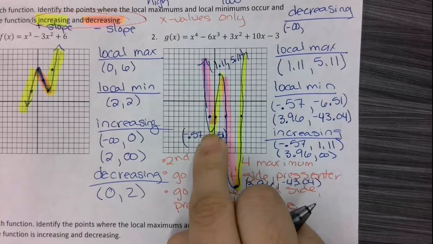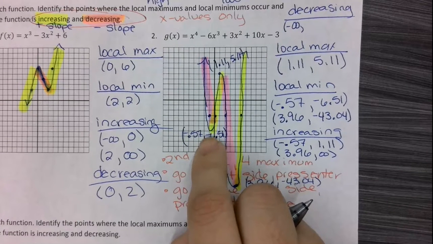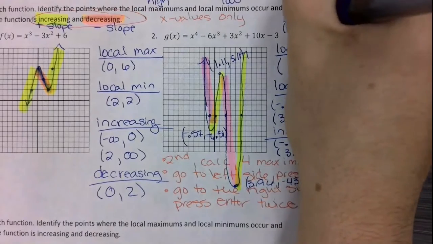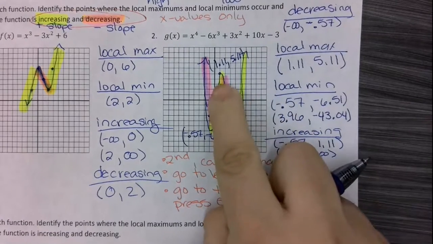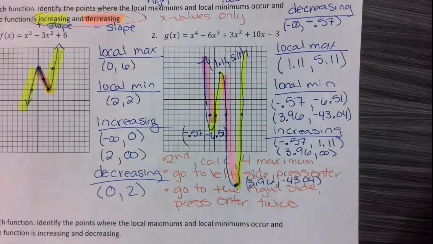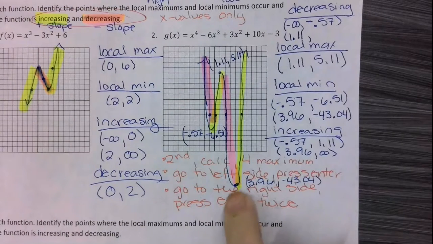But what's the point it's labeled? Negative 0.57. Okay? And then where does the other pink spot start? And then where does it end? Right there.